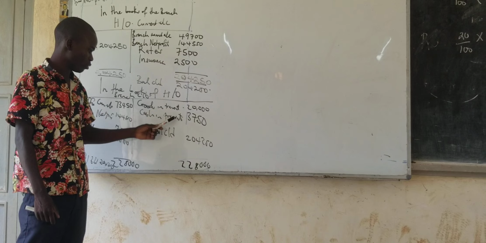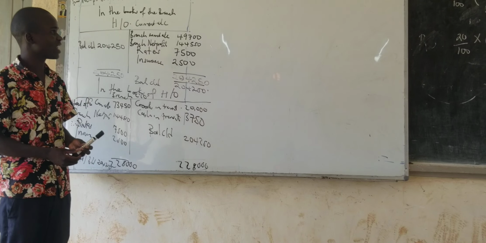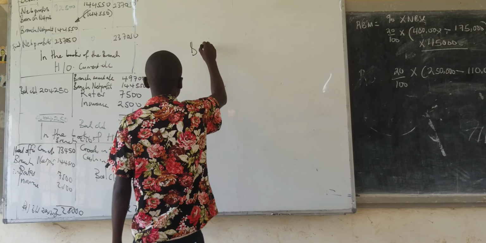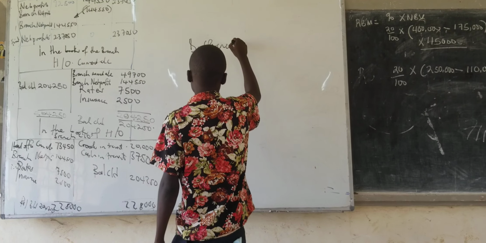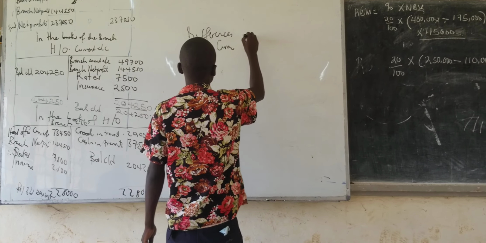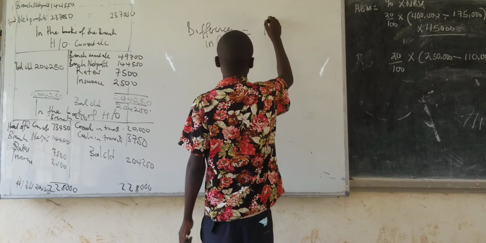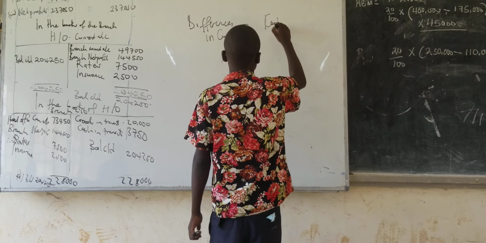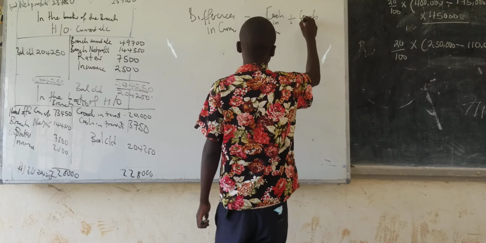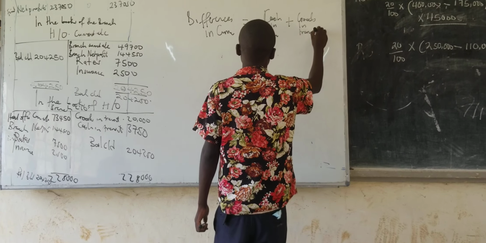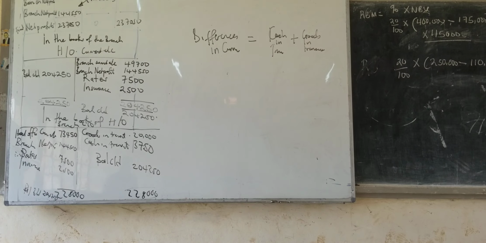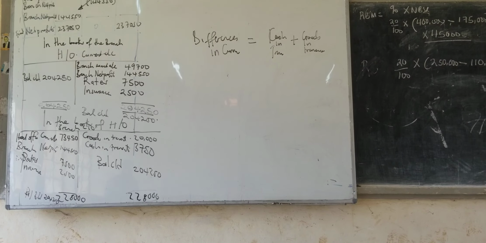We talked about cash in transit and saw how to get it. The formula: the difference in the current accounts equals cash in transit plus goods in transit.